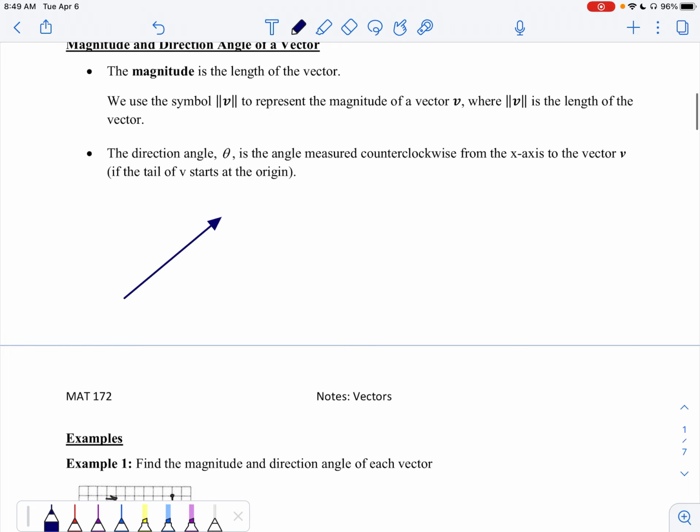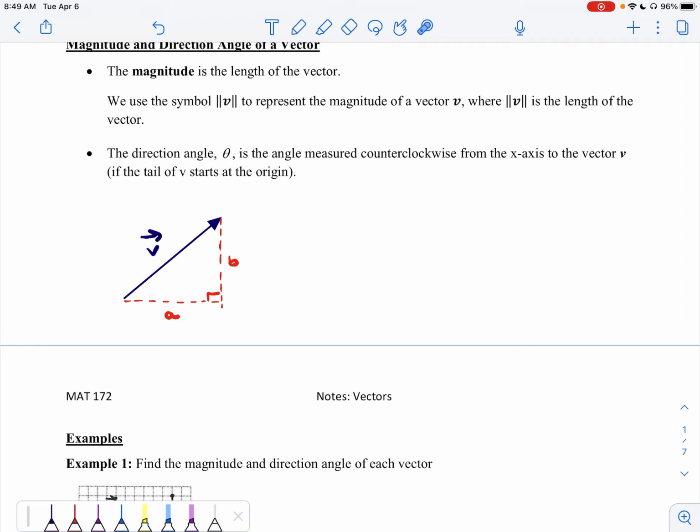The magnitude of this vector is the length of it. If we want to figure out the length of this vector, the easiest way to do that is just to draw out a little right triangle. So we're going to have a horizontal component and a vertical component to this vector.